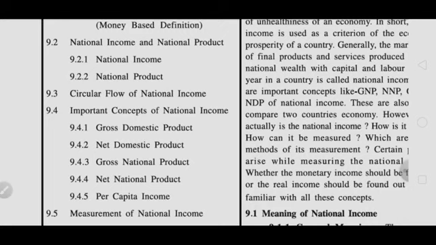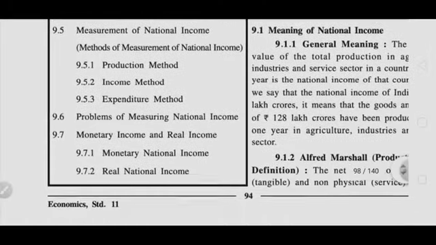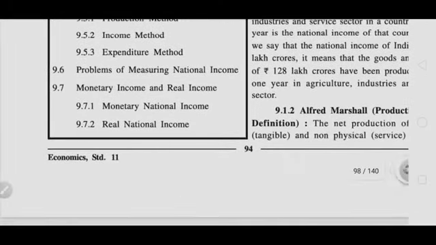And then some of the important concepts, because in standard 12 the words like GNP, NNP and GDP will be quoted everywhere. So to understand the standard 12 textbook, you have to understand these concepts very easily. Then lastly we'll discuss the problems of measuring national income, and monetary income and real income.